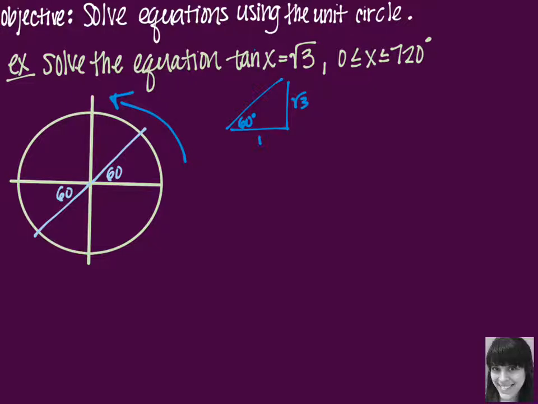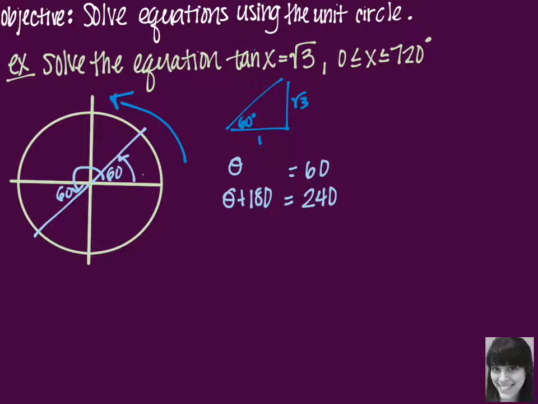So now we just have to find all the angles that match that. So we have theta. That's this one right here. And then come around to here, that's going to be theta plus 180. So this is going to be 60, and then this is going to be 240.